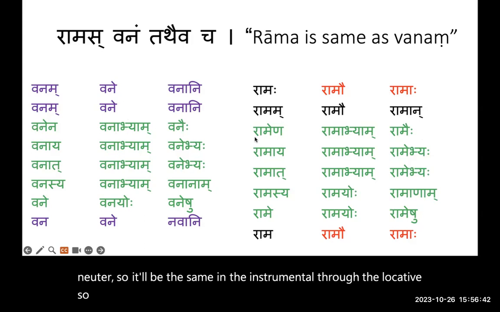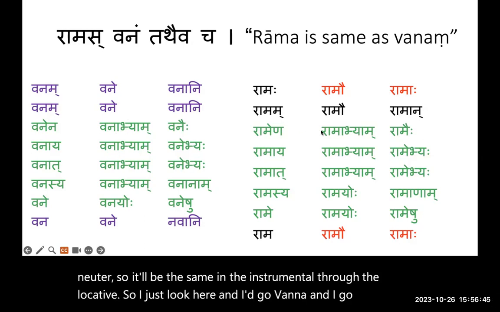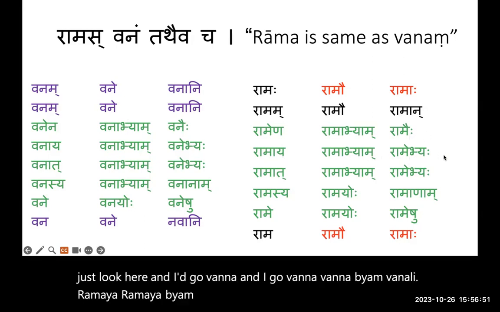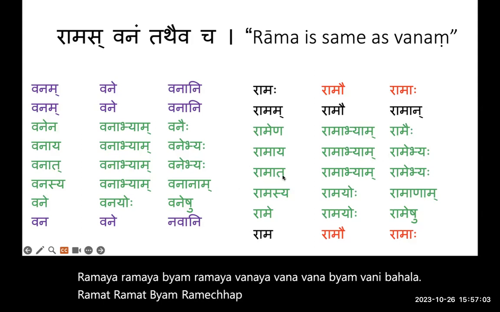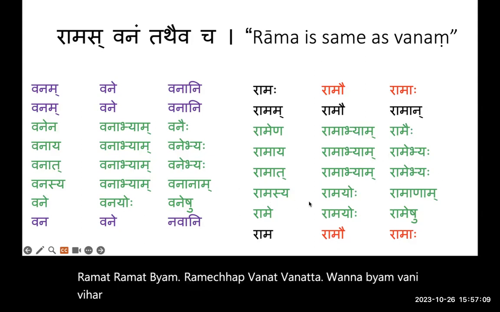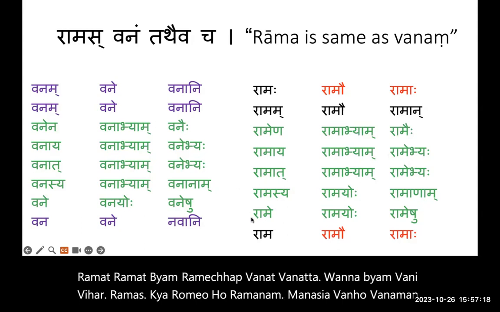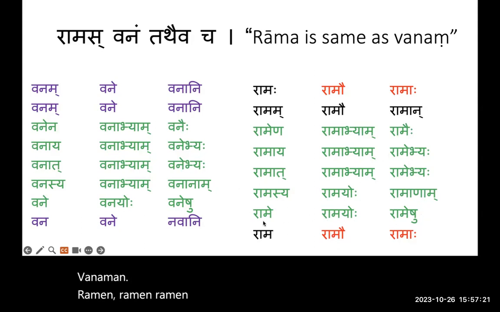So I just look here and I'd go vanena, vanabhyam, vanaihi, Ramaya, Ramabhyam, Ramebhyah, vanaya, vanabhyam, vanebhyah, Ramat, Ramabhyam, Ramebhyah, vanat, vanabhyam, vanebhyah, Ramasya, Ramayoh, Ramanam, vanasya, vanayoh, vananam, Rame, Ramayoh, Rameshu, vane, vanayoh, vaneshu.